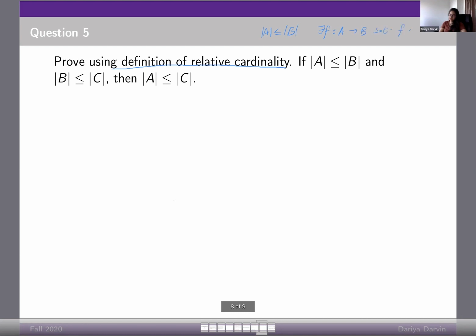So use that definition and tell me what you're exactly proving in this question. How would you actually go about proving this? Hint, you can use function composition also. Maybe there is a way without function composition, but use function composition and try to see if you can come up with a proof.